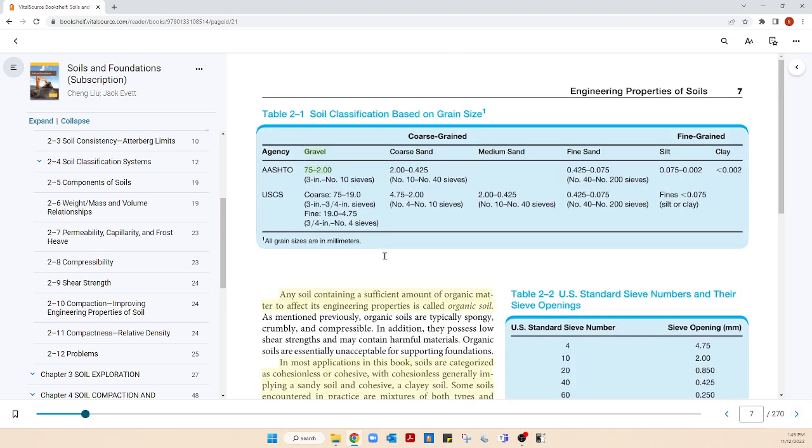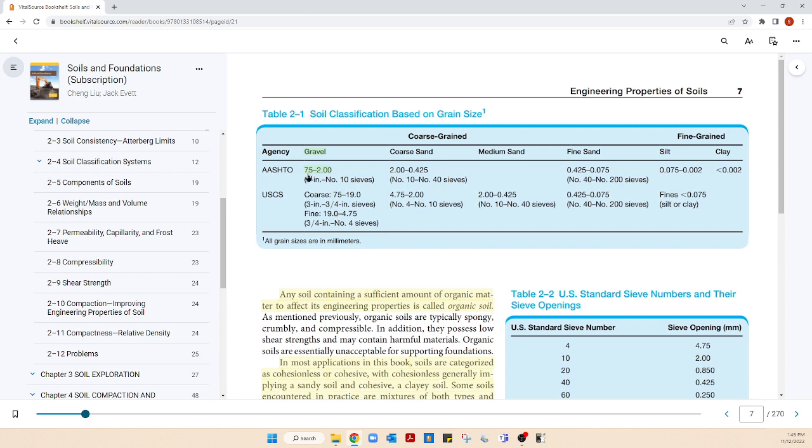Here's a sample of what they're trying to do: show you a section of an AASHTO and a Unified Soil Classification System in terms of gravel, coarse sand, and medium sand, and how each determines the gravel.